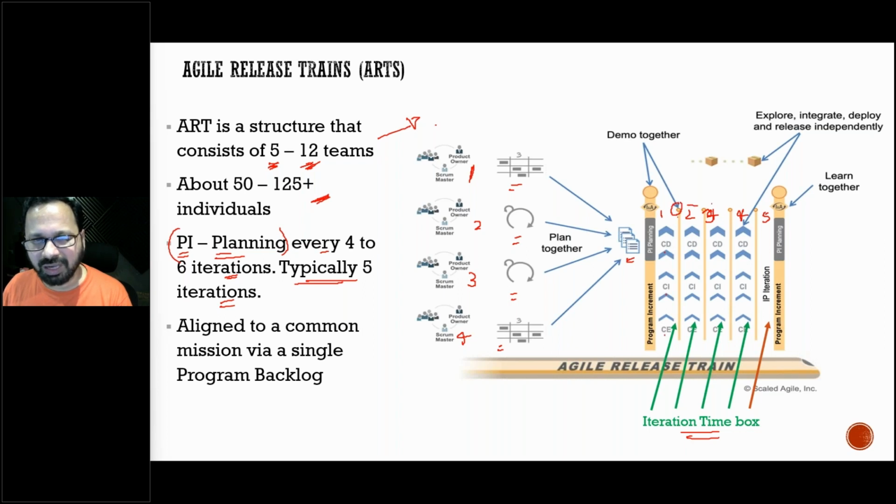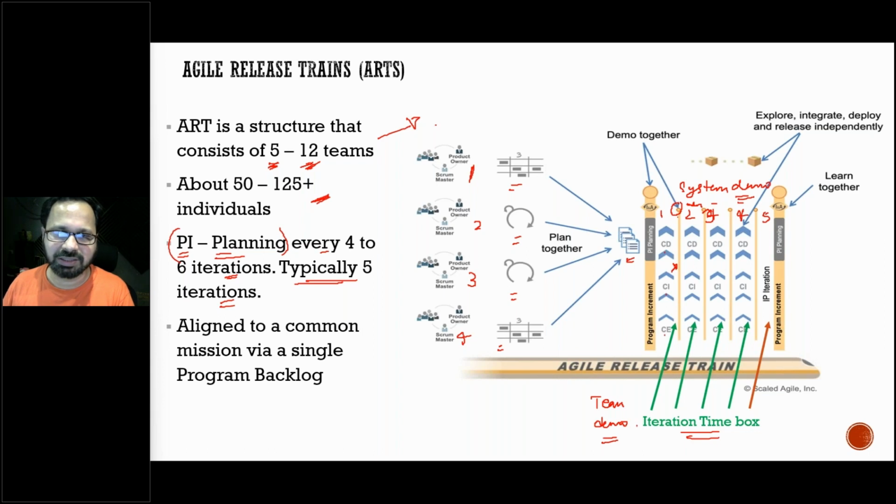So at every iteration they do a system demo, and like Scrum gives the guidance, at the end of every iteration the teams do the team demo. So there is a team demo at the end of every iteration. After every iteration there could be a system demo. System demo is a demo if you have completed any features.